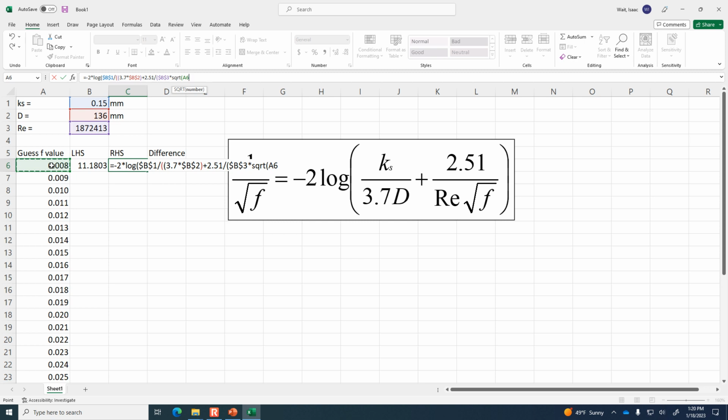Okay, now close the parentheses for the f value, close it for the denominator, and finally close this parentheses that was around the logarithm. And I think there's one more. All right.